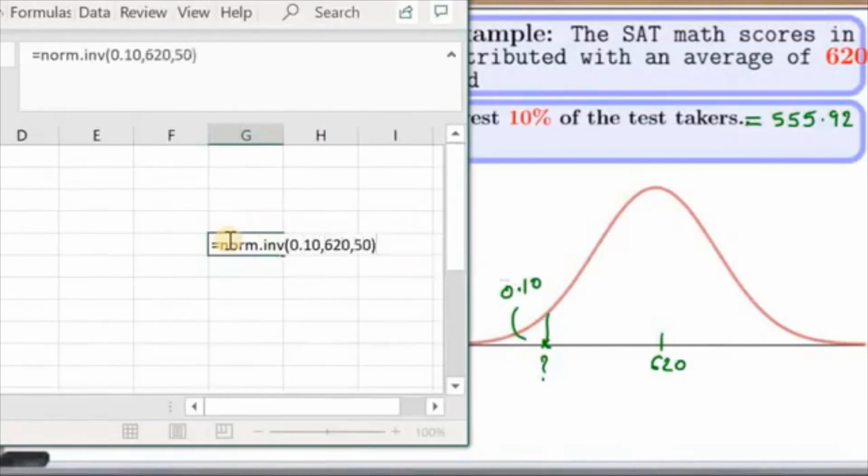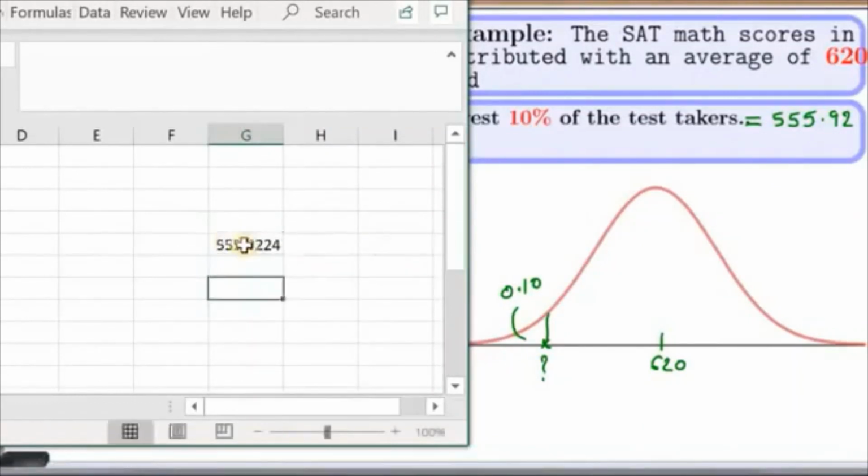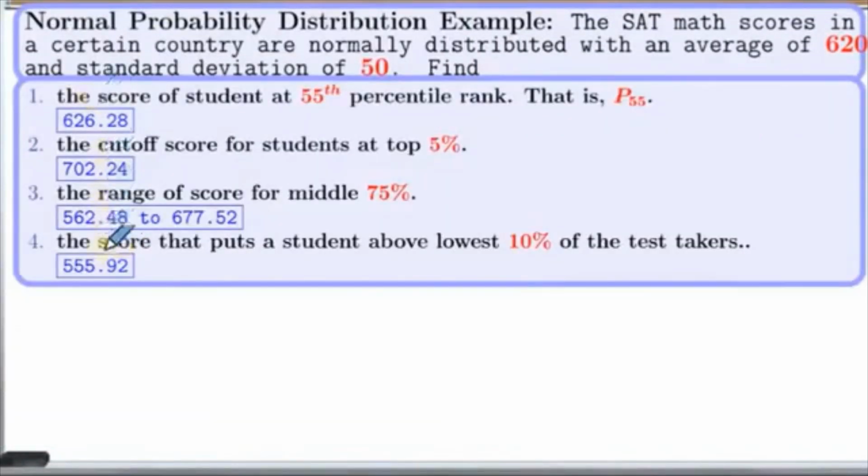Then close your parentheses, then hit enter. This is what I got using Excel, and this is exactly what we got using the calculator. Finally, we are done, and I have listed all these answers right here in one place.